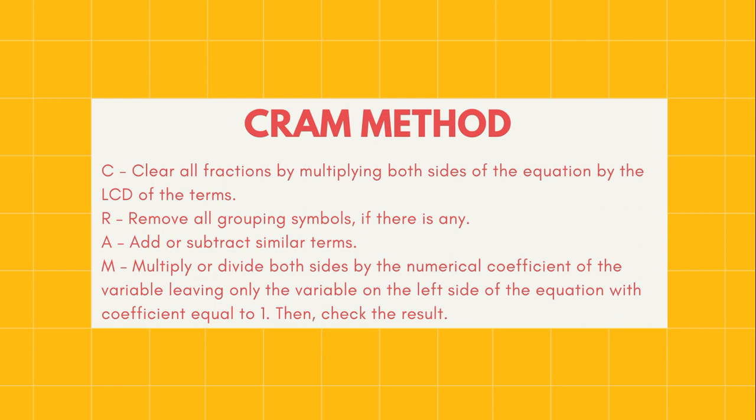Ibig sabihin, para ma-remove natin doon, either ikaw ay mag-distribution. Okay? Next, add or subtract. So, ito na yung pagsasamahin mo yung mga may same, pagsasamahin mo po yung like terms, and then, add or subtract.